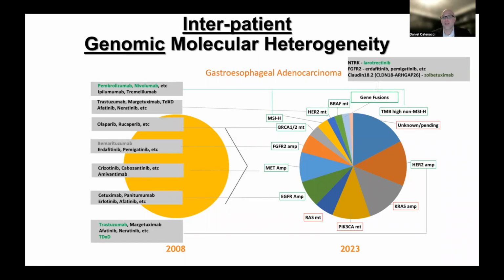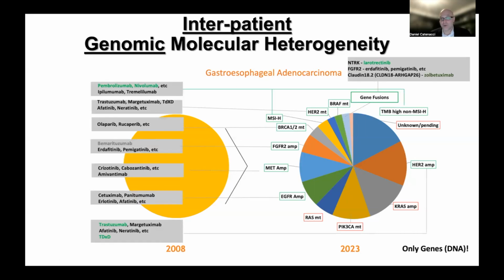And so that said, if a patient's profile had one of these aberrations, then we could attempt to obtain access to these therapies and work with insurance to do so. Or it could open up avenues of clinical trials that have these agents available in the trial. And then lastly, there are some agents that are only available in the setting of a clinical trial at the moment, but potentially in the future could be available.